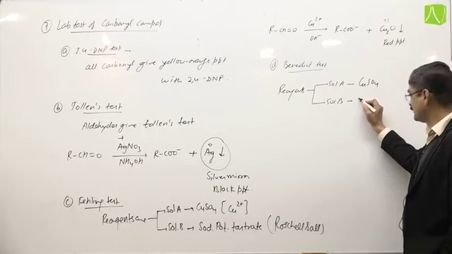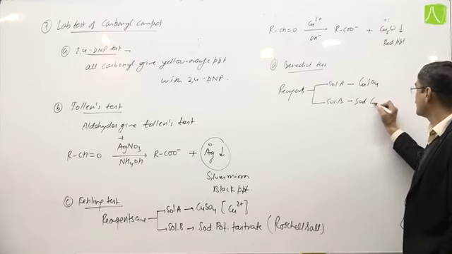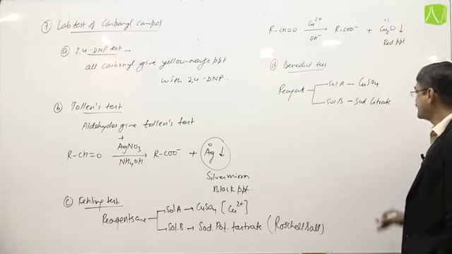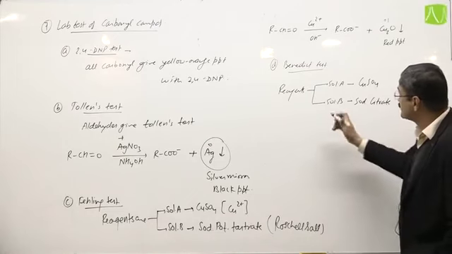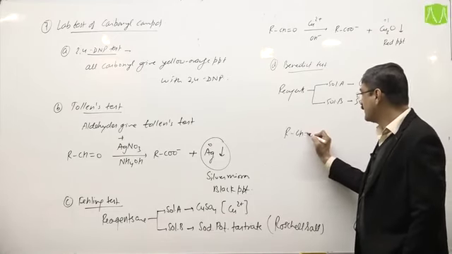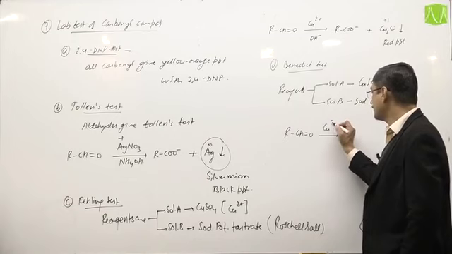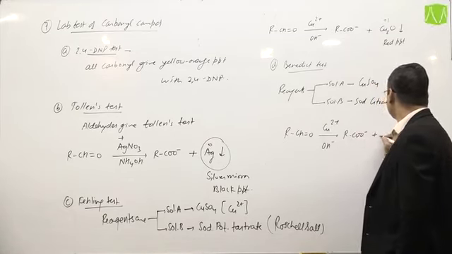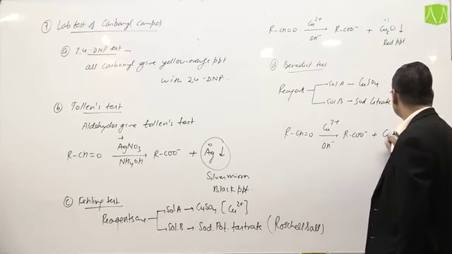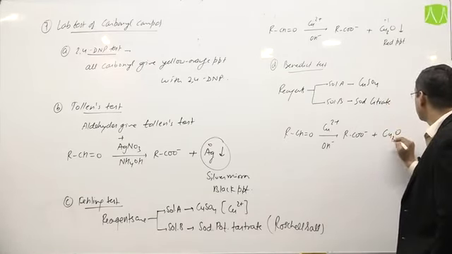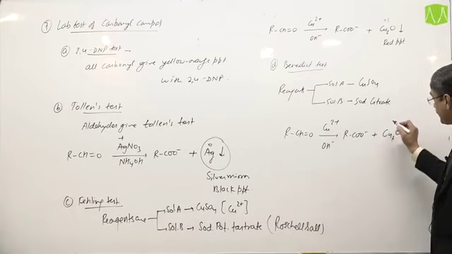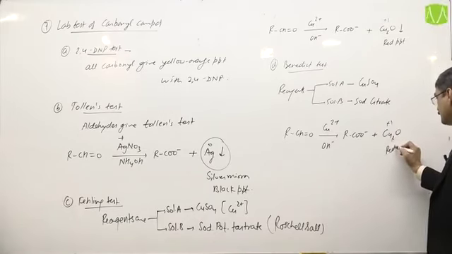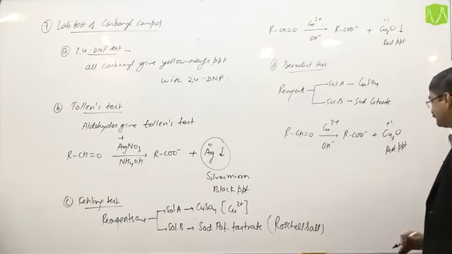Solution B is sodium citrate. So acid is changed. So reaction is again same, aldehyde on reaction with copper 2 plus in basic medium converted into acid plus cuprous oxide, means copper reduced, aldehyde oxidized. So red precipitate is obtained.